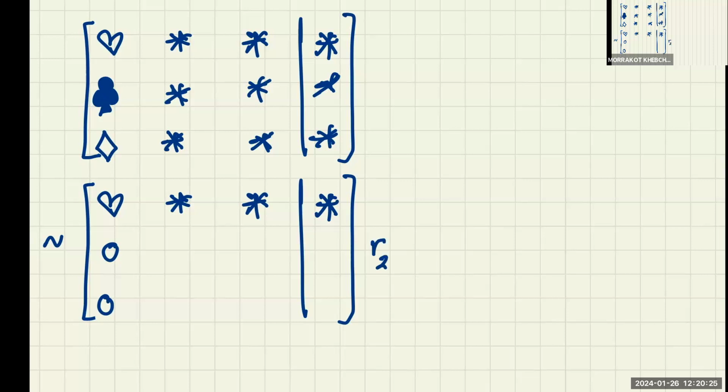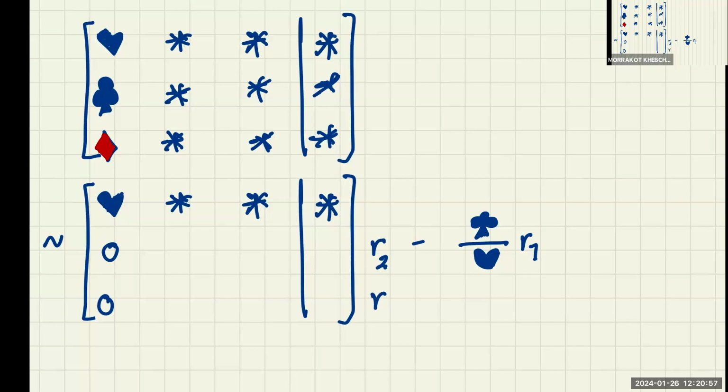Row 2 subtract by row 1 divided by the half, and multiplied by 8. And how can I make the diamond equal to 0?